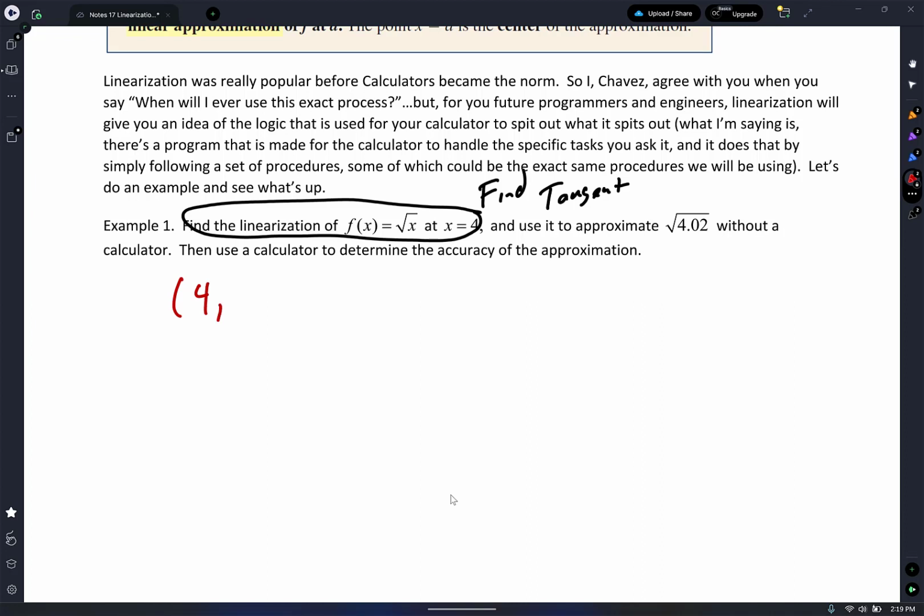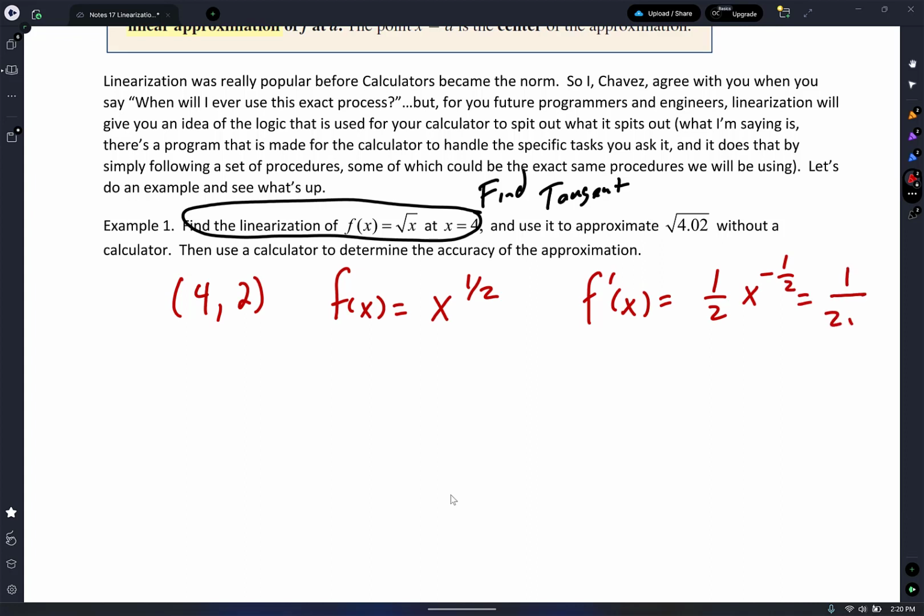So at x equals 4, the square root of 4 is 2. So I have the point (4, 2), and now I need a slope. So I'm going to write f of x equals x to the 1/2. I'm just taking a derivative, finding my slope, finding my tangent line, guys. F prime of x equals 1/2 x to the negative 1/2, which is 1 over 2 square root of x.